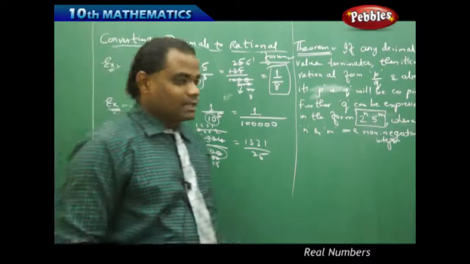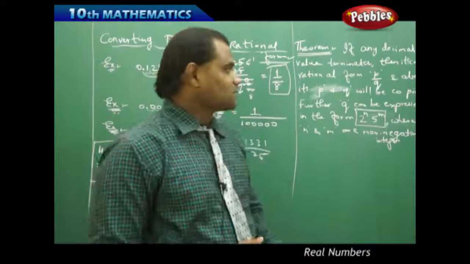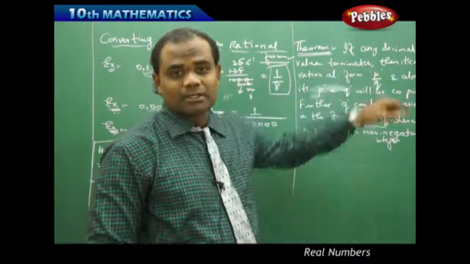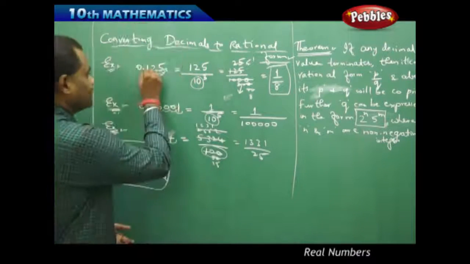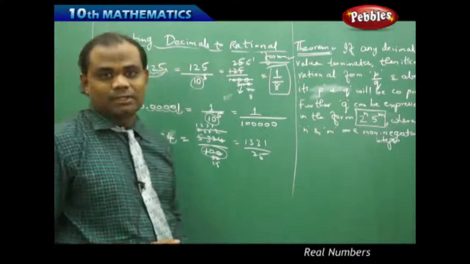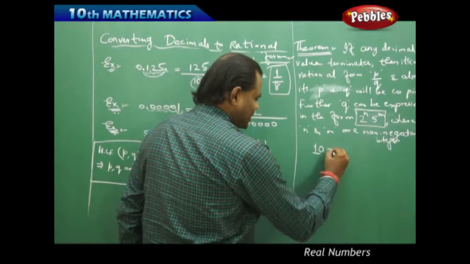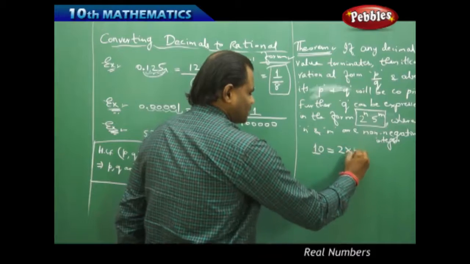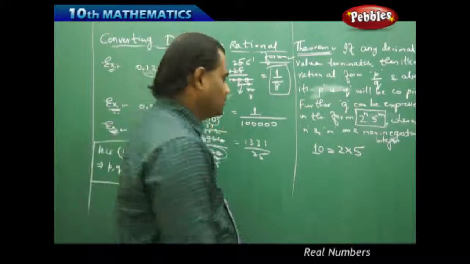So whenever a decimal value is converted into the rational form, if the decimal terminates, then I divide with 10 power the number of steps where the decimal has to jump to the right. So this 10 power clearly makes me understand that since 10 has the prime factors 2 and 5, therefore each of 10 power n will have its factors 2 and 5.